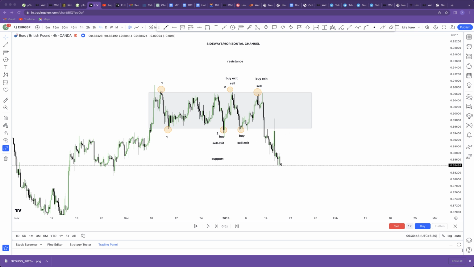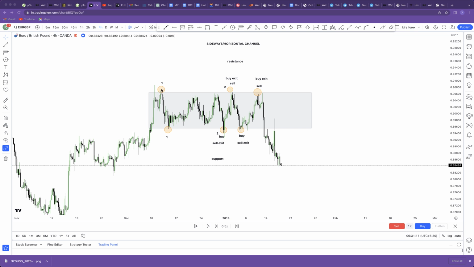This one, after the first touch, you can actually start selling from the second touch on the resistance, and also after the first touch on the support, you can start buying on the second touch, unlike the uptrend and the downtrend channel.